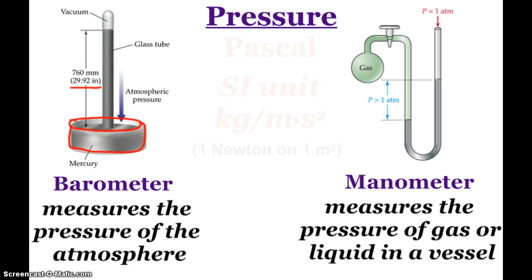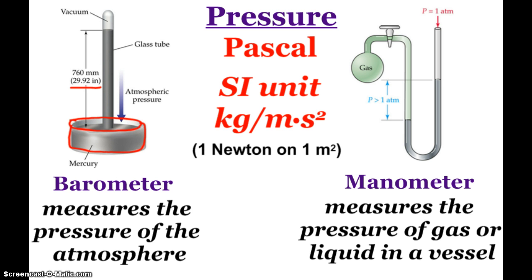The SI unit for pressure is the Pascal, kilogram per meter second squared. Basically, it's 1 Newton of force being applied on 1 square meter. And so that's how that ties in as far as our SI units are concerned.